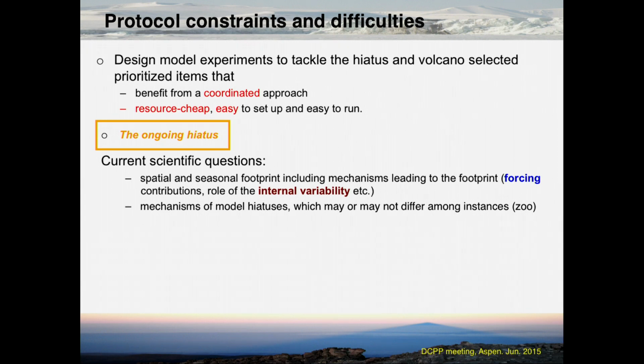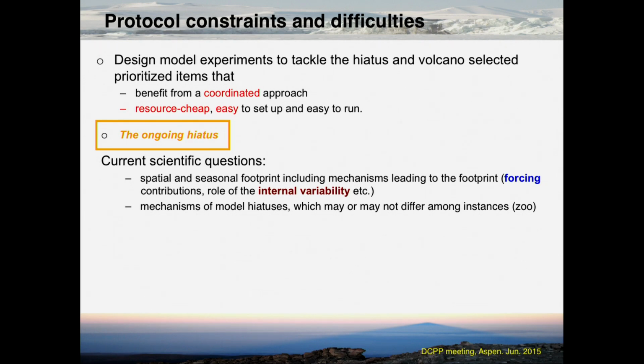We need to come up with some coordinated experiments that benefit the entire community, that are cheap in terms of resources, because component A is very expensive in computer power and storage. And these experiments should also be as easy as possible to run.